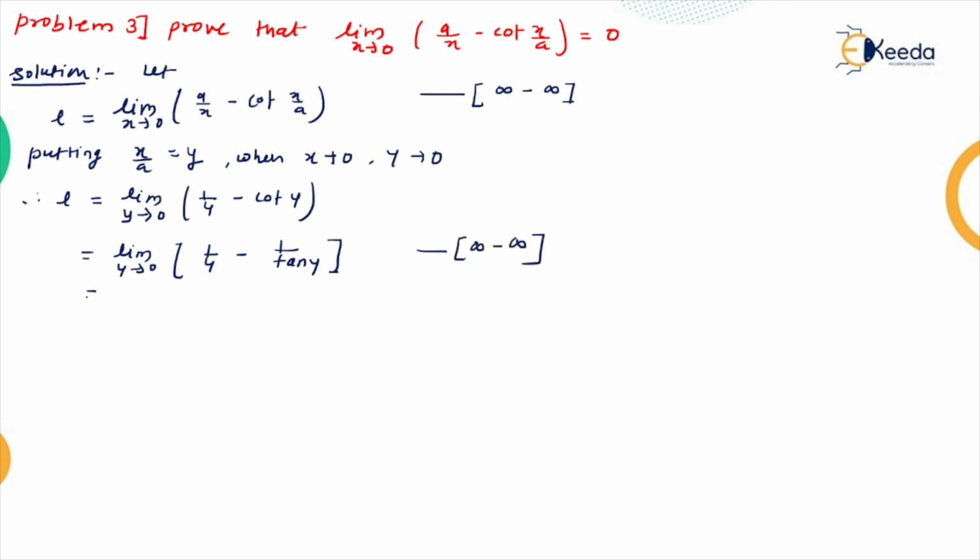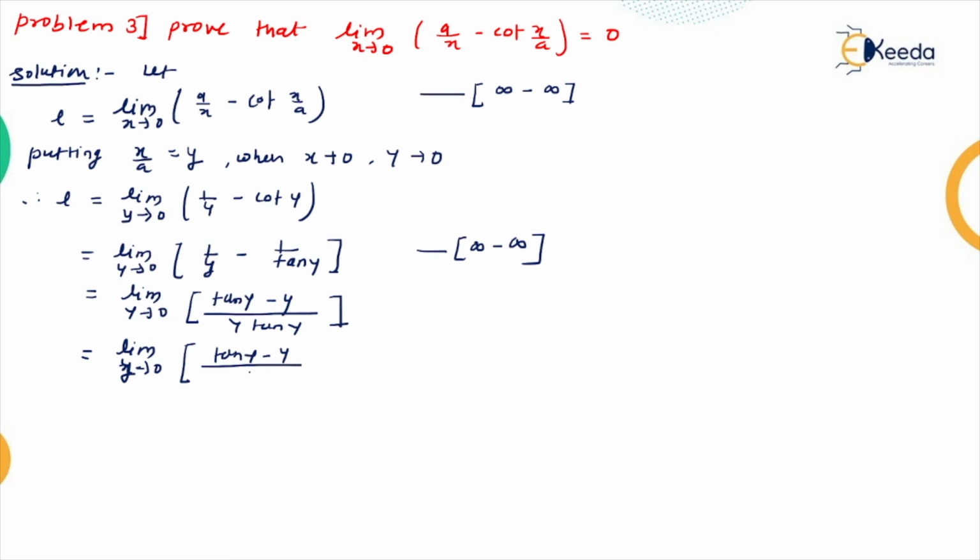Therefore we solve this bracket as y tends to 0. Inside the bracket the calculation is tan y minus y divided by y tan y. So this is equal to the limit as y tends to 0 of tan y minus y, and we have to adjust it.